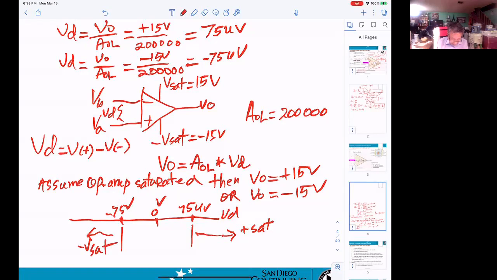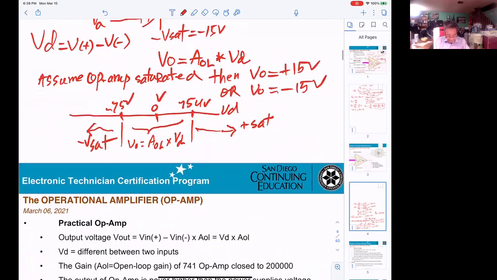Only for any voltage less than 75 and higher than minus 75, V out will be AOL times VD. In order to know the value of the VD, based on what they give to you, you have to know the limit for the VD so they can be saturated.